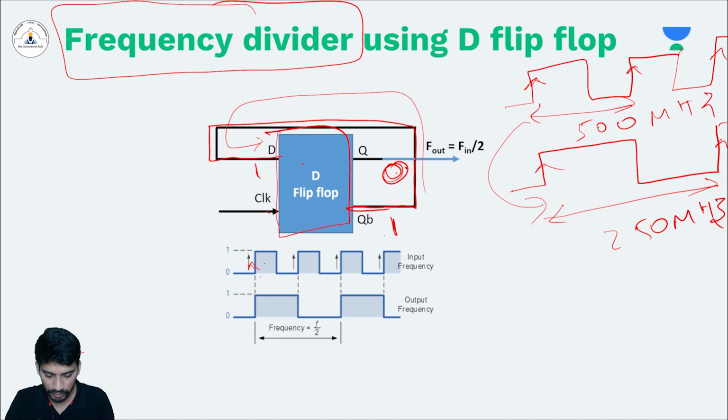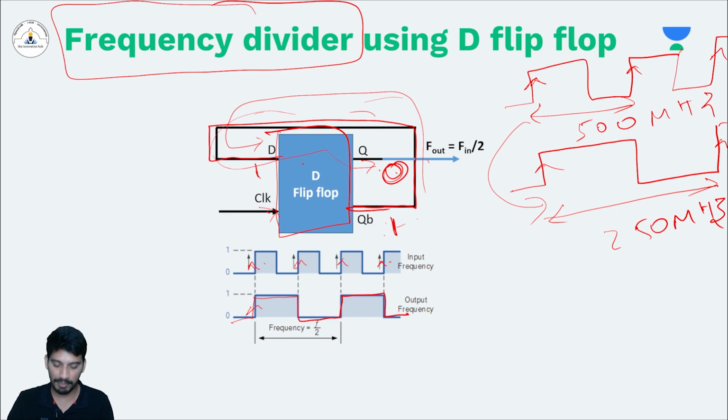So you see the QB is getting propagated to Q whenever there is an application of clock, right? So whenever there is a positive edge of clock like this, then my data is flipping from one state to the other state.